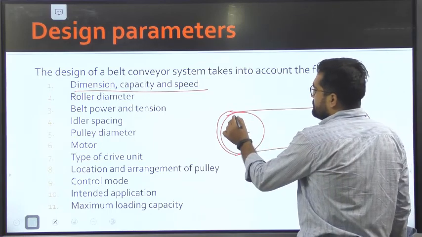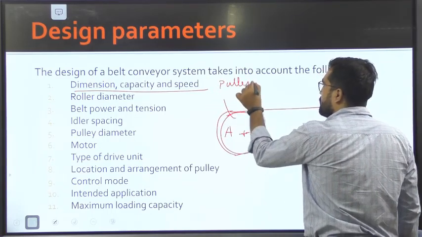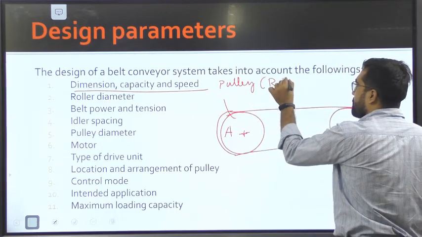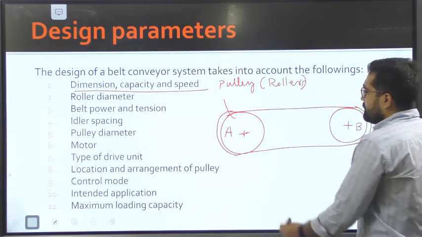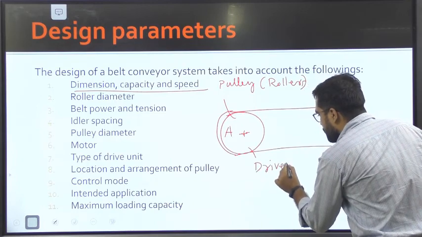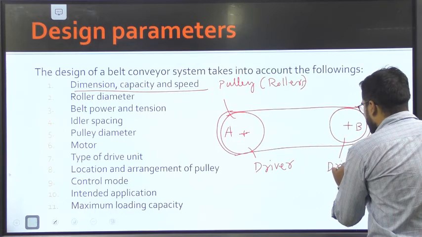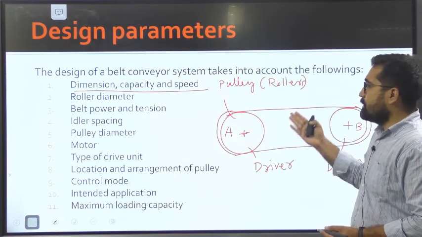These rollers or pulleys will be there, and one of them will be the driver pulley and another will be the driven pulley or driven roller.